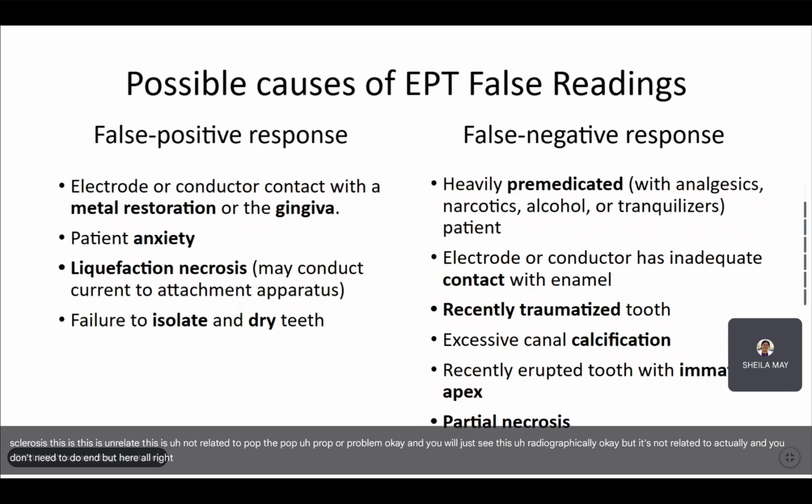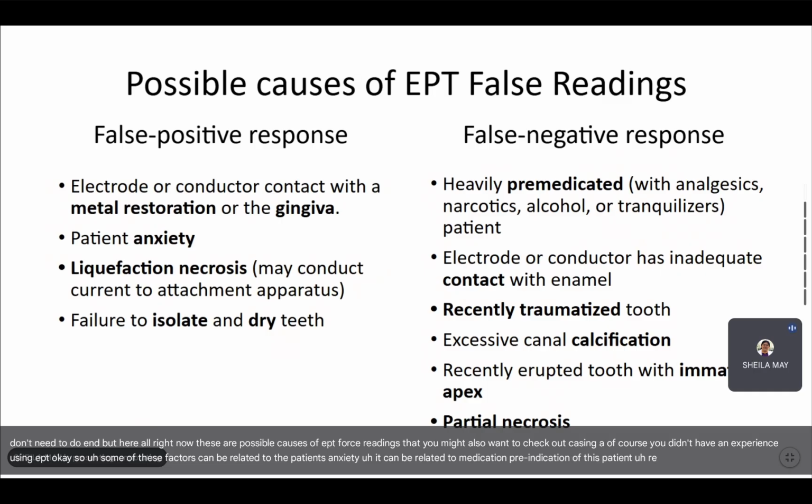All right. Now these are possible causes of EPT false readings that you might also want to check out, because of course you didn't have experience using EPT. Some of these factors can be related to the patient's anxiety. They can be related to medication, pre-medication of this patient.